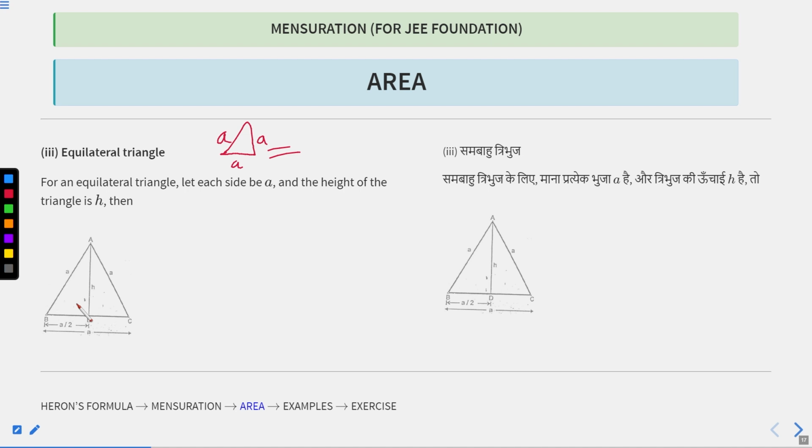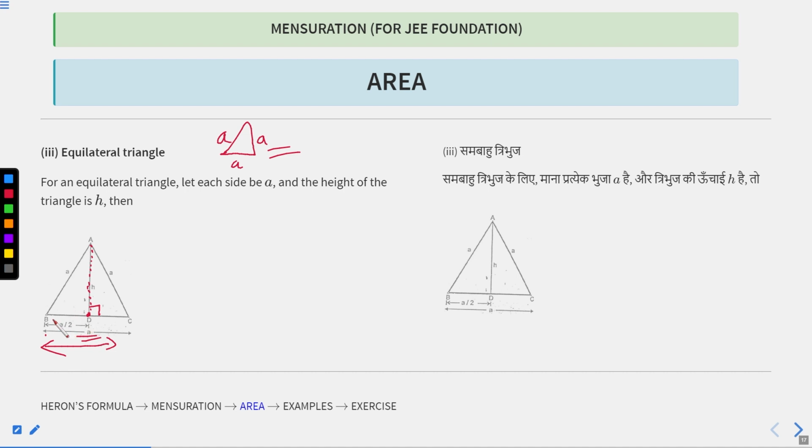Now if this whole length is a, and we try to find out the height of the triangle, this cuts at point D, and this D divides BC perpendicularly, and it is a perpendicular bisector of BC.